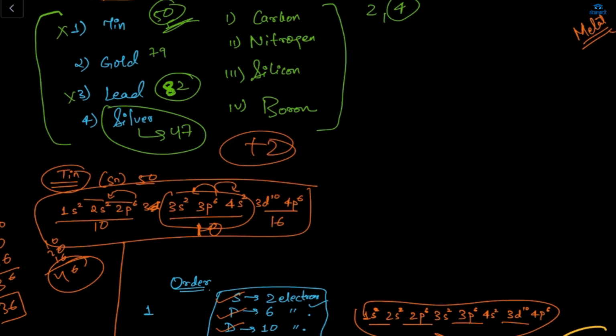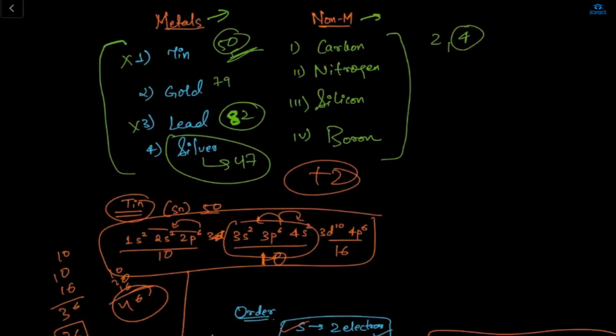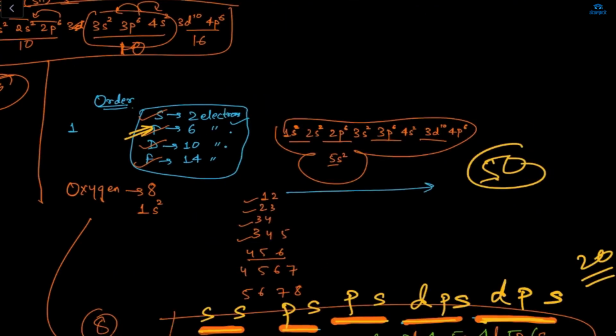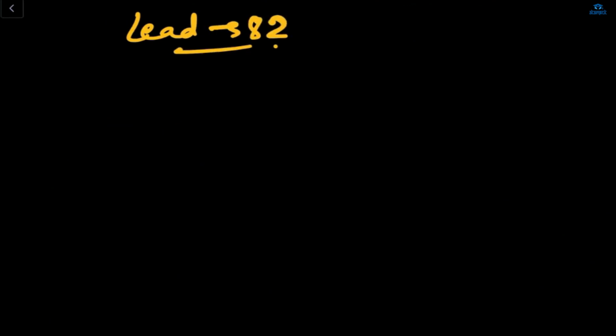Ma'am, because then it will be 30, which will give me 82. Ma'am, it should be minus one every time. No, not every time. Okay, wait. Let me do it for lead. Lead is 82. Yes. So, 1s2, 2s2. One minute.